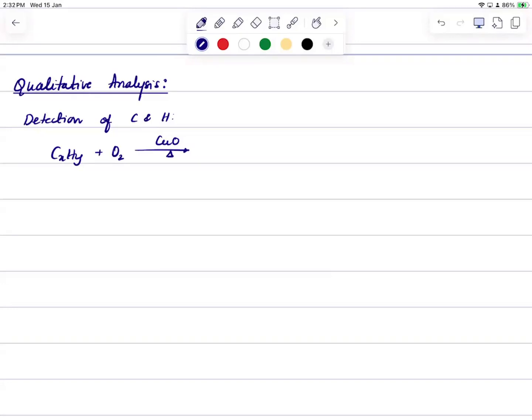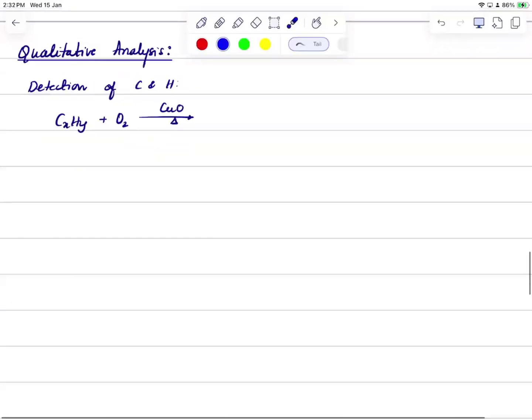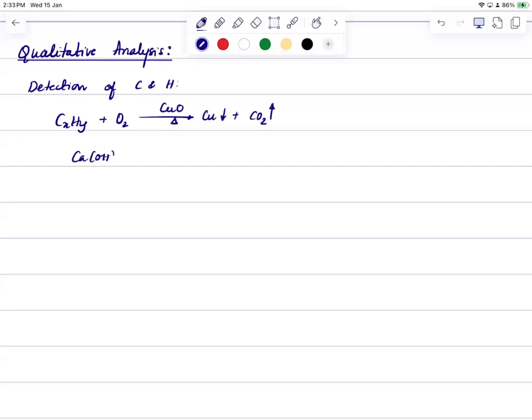CxHy plus O2 in the presence of CuO. So this will make the copper get reduced and every part of carbon get oxidized into carbon dioxide. So we take the gas that has been released and pass it through calcium hydroxide.